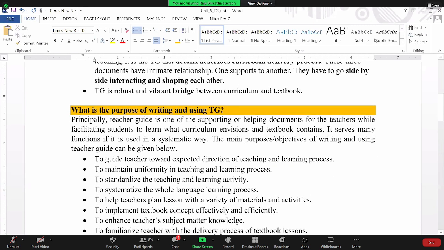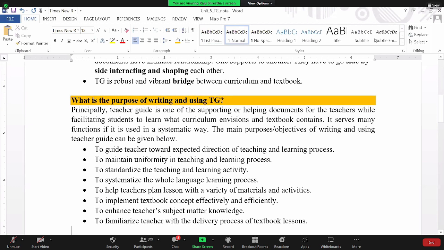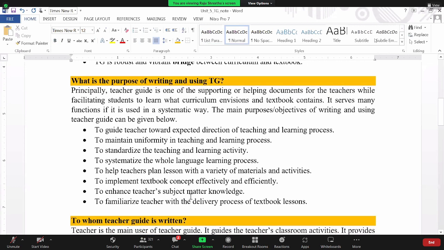Then what is the purpose of writing and using the textbook? किन लेखिन्छ, किन यसलाई प्रयोग गर्न पर्यो त भन्दाखेरि some points we can just discuss.